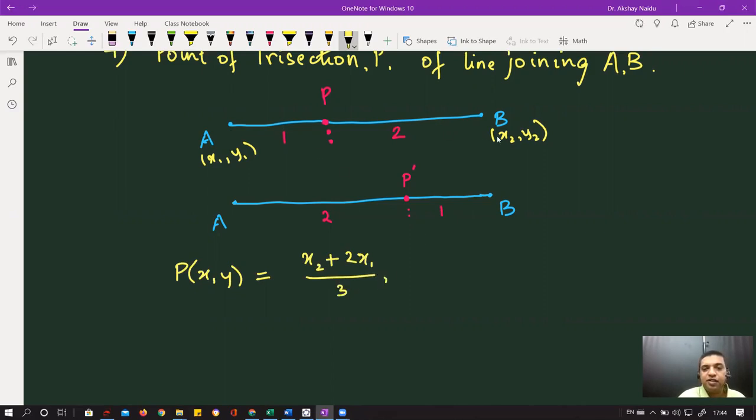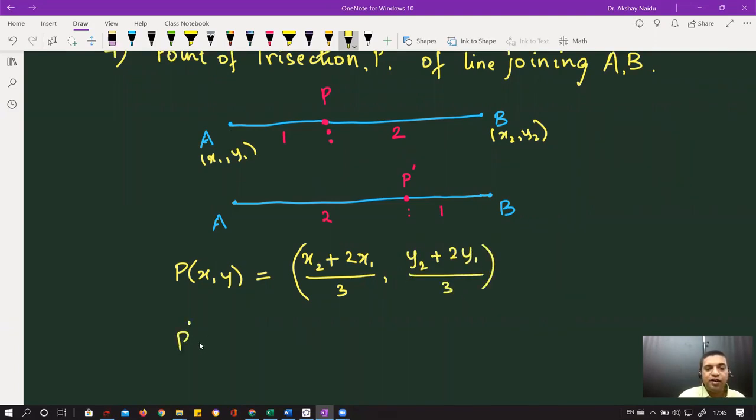Okay, m times x2 plus n times x1 by m plus n. Next, (1 times y2 plus 2 times y1) by (2 plus 1), 3.